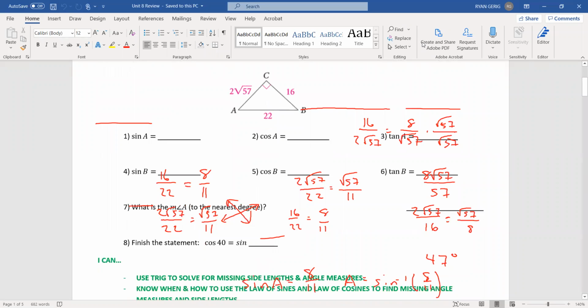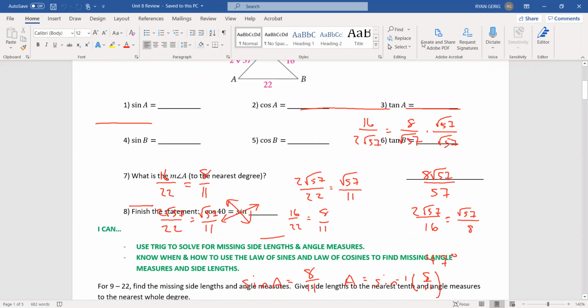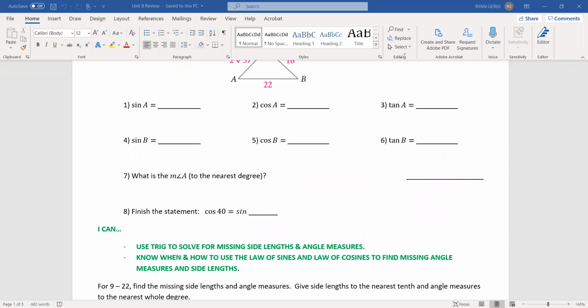Okay. Number 8. Clear all this stuff. Number 8, I just talked about this when I talked about these two things being equal up here. The cosine of an angle is equal to the sine of the other acute angle in a right triangle. Well, by the way, this is talking about a different problem. It's not talking about the ABC at the top.